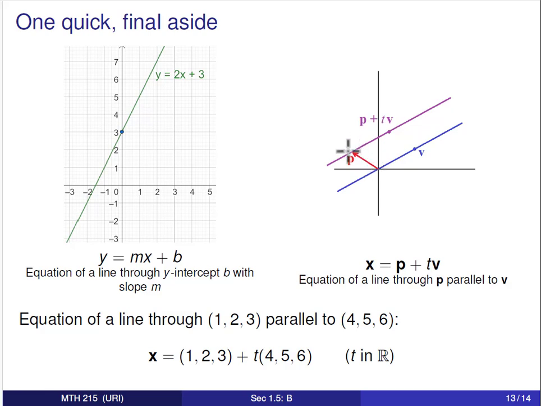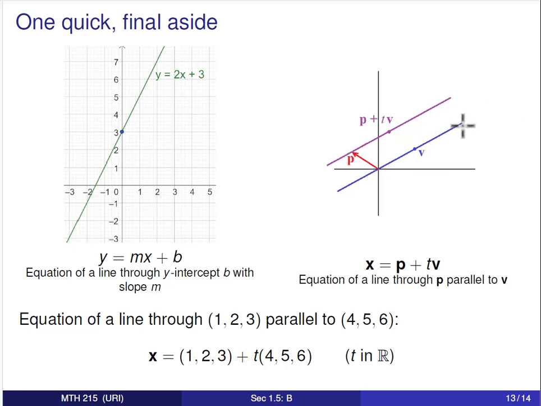And you can see that as I add a multiple of v, I'm going to be traveling in the same direction as v. And all of the places I can reach by taking p + tv form a line. And that line will be parallel to v, and it will be passing through p.